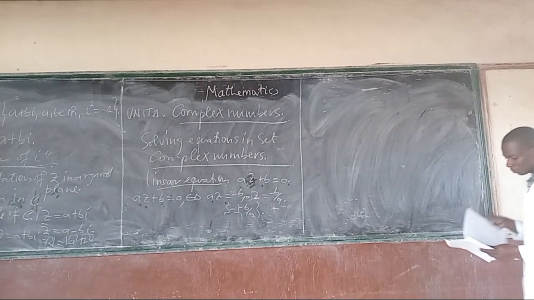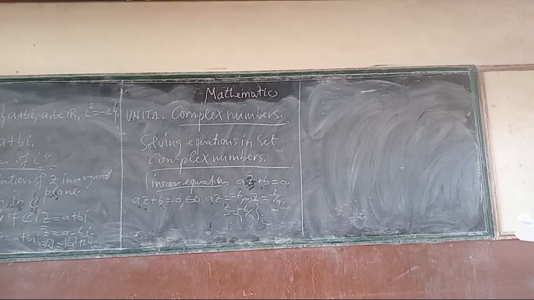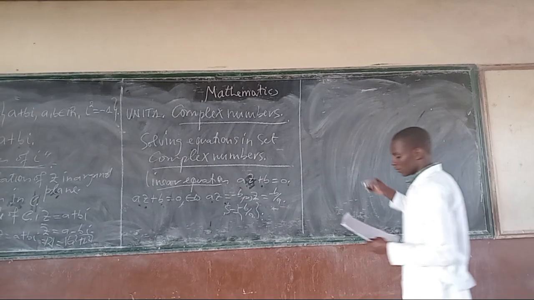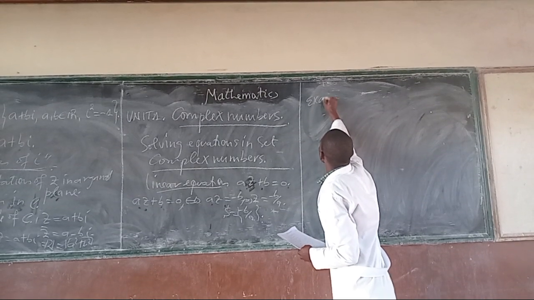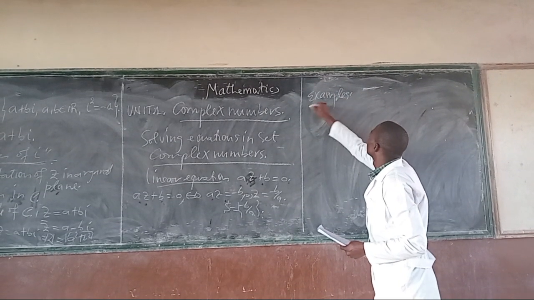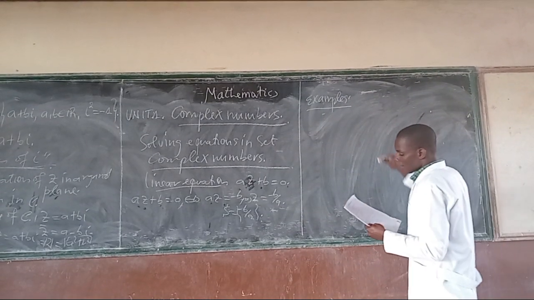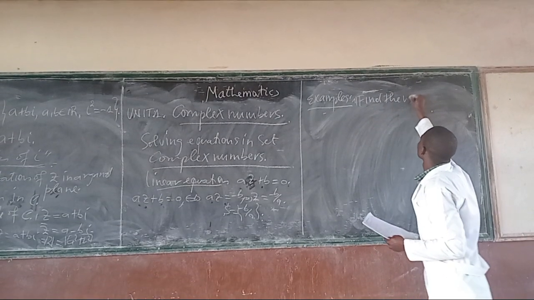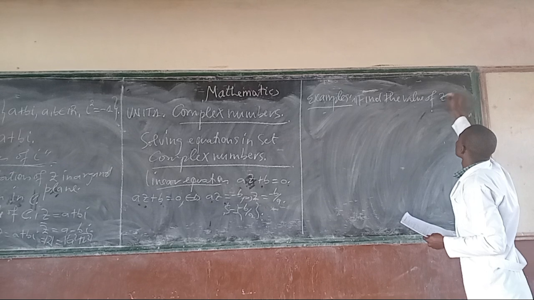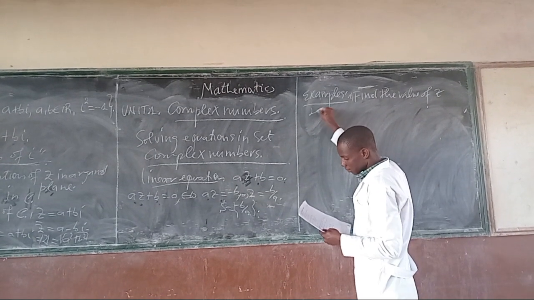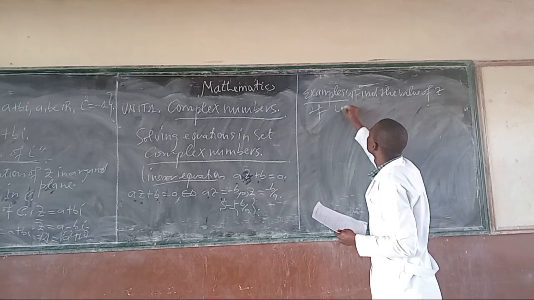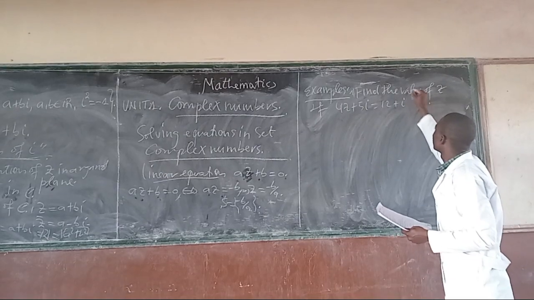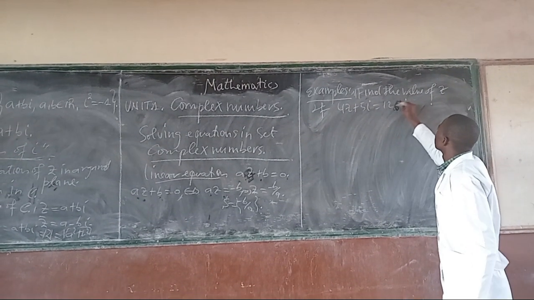For example, let's say we have to find the value of z if 4z plus 5i is equal to 12 minus i.